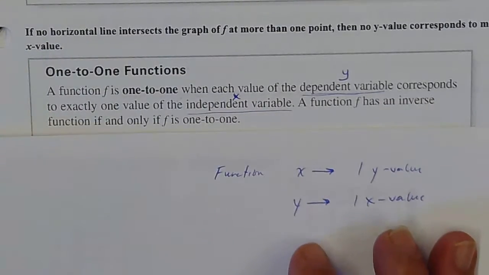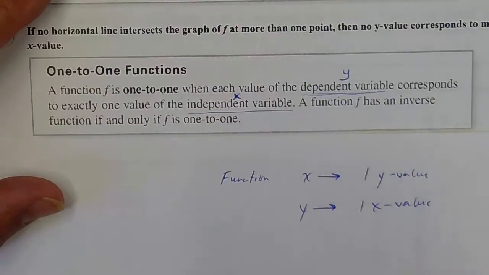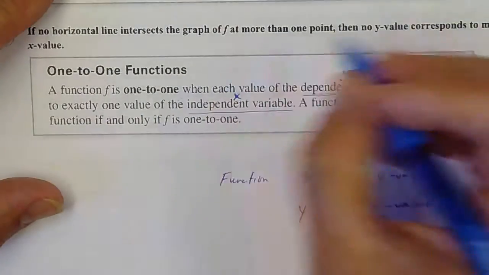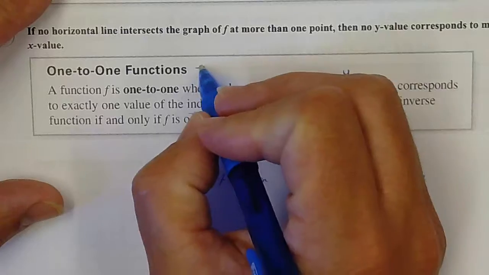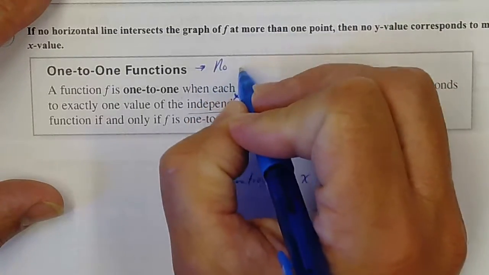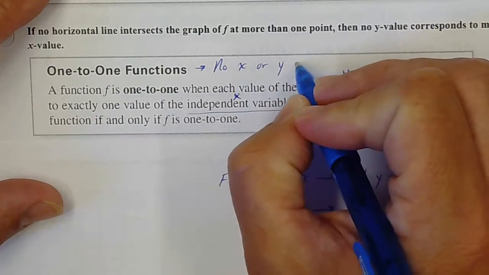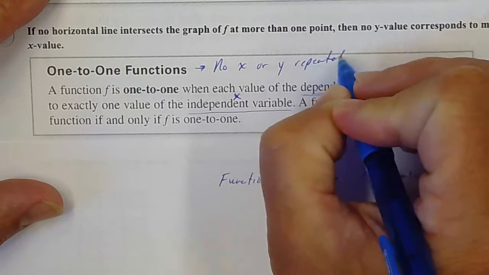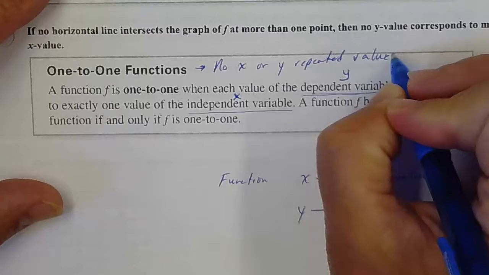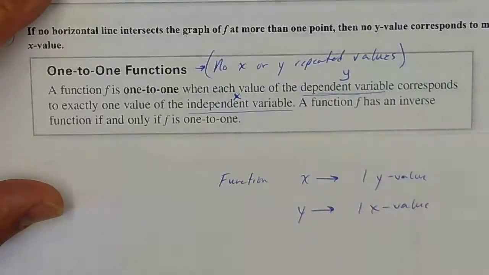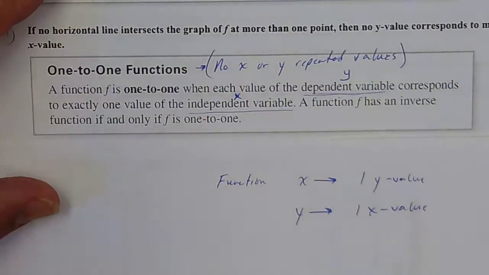So basically, you can have no x and y values repeated. So let's just add that in here. You've got to make sure there are no x or y repeated values.